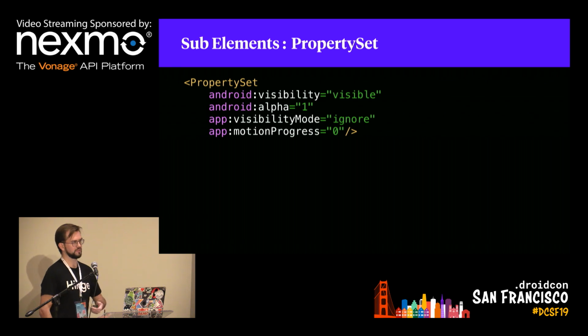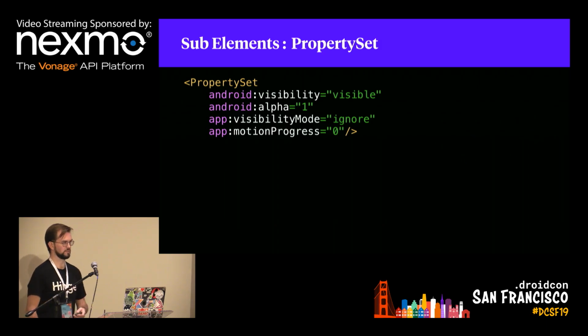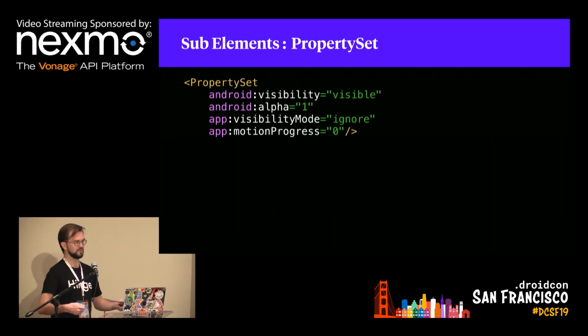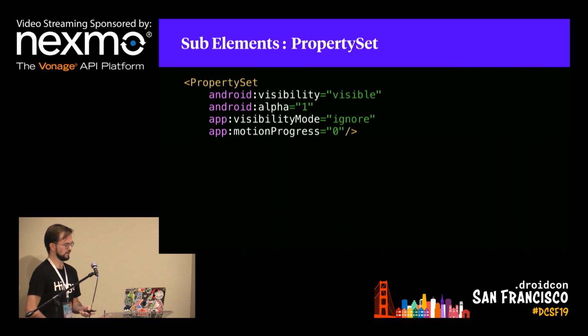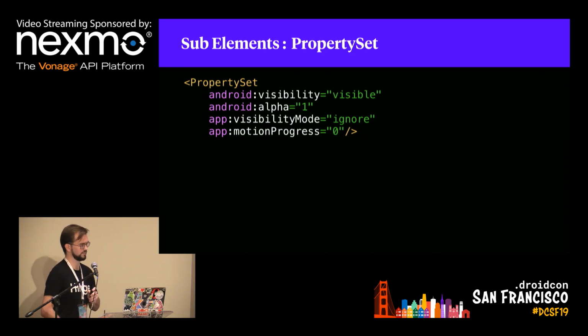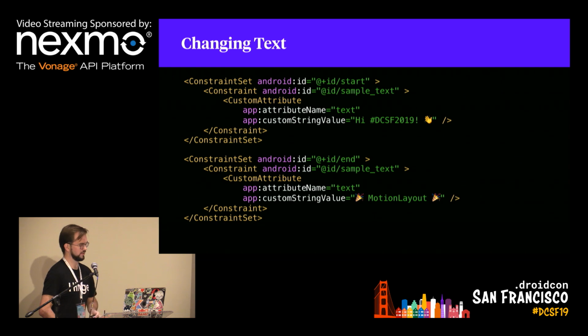Visibility mode is a flag that you can use to tell MotionLayout to stop trying to set visibility as a property, because MotionLayout is constantly setting all view properties as you're transitioning between different views. And motion progress is how you tell nested children, hey, this is my current progress and this is what your progress should be now. I'll have specific examples for those two in a bit.